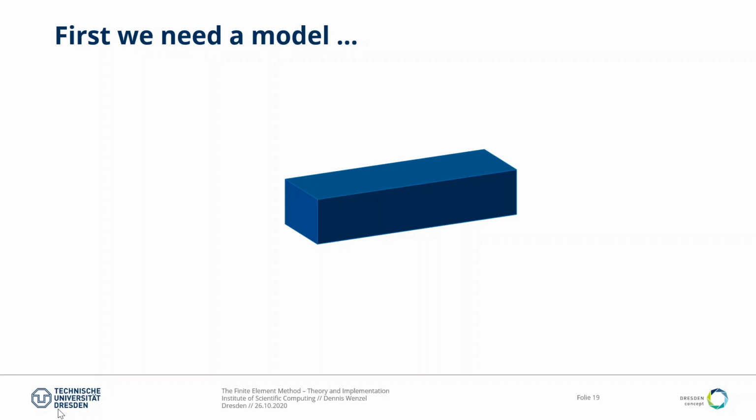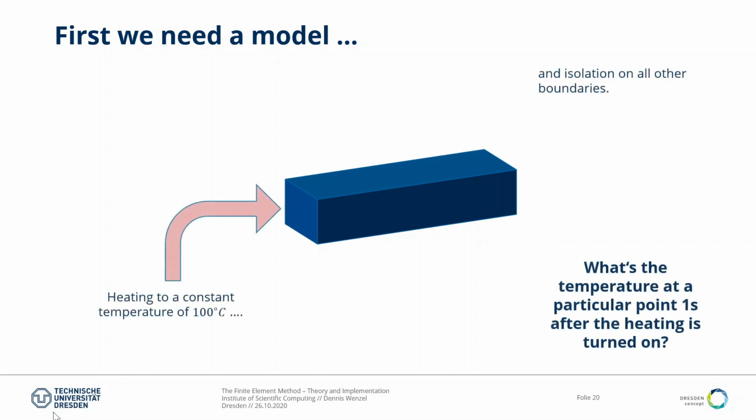So let's look at this blue brick that we see here and imagine this is made of metal. So let's say we have a rectangular shaped metal brick. And what do we do? Well, we heat it up on one side to a constant temperature of, let's say, 100 degrees.